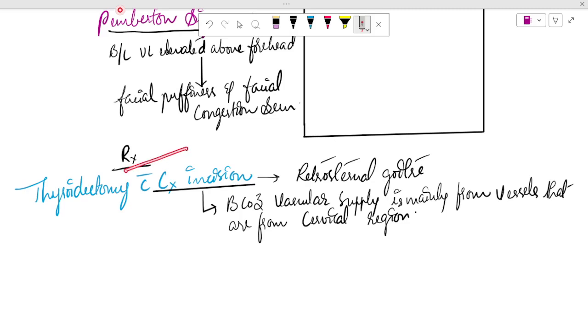Now, what is the treatment if there is a goiter patient?